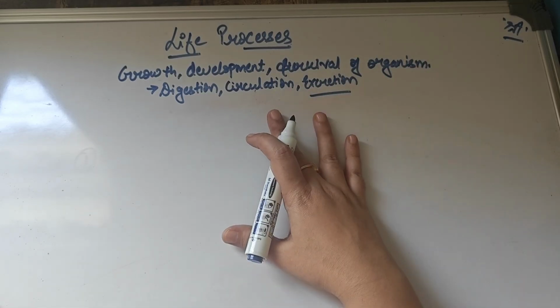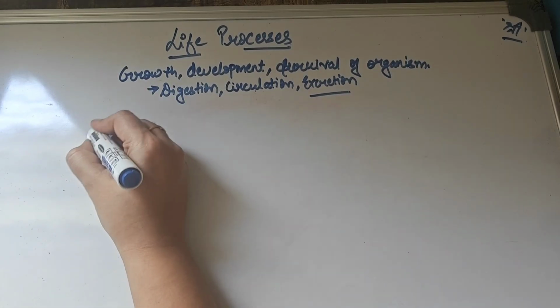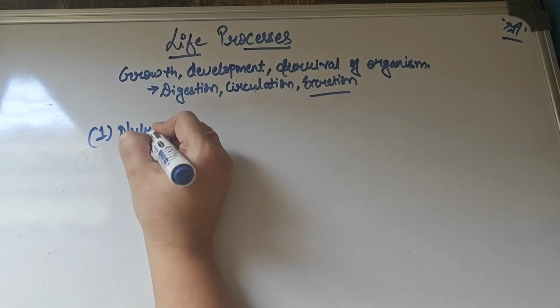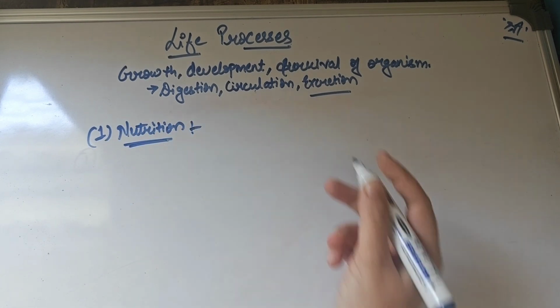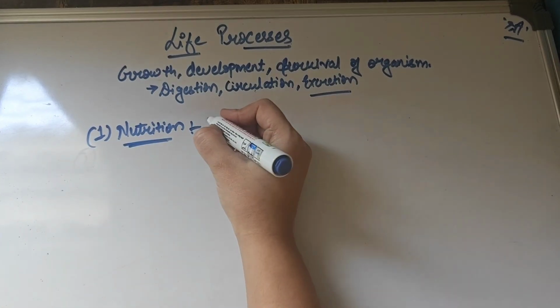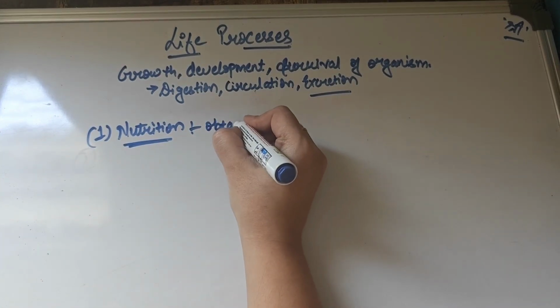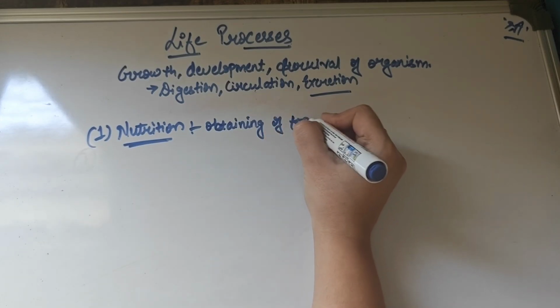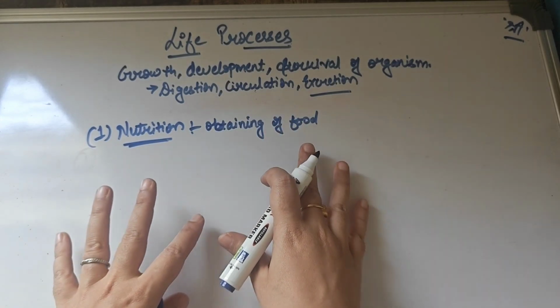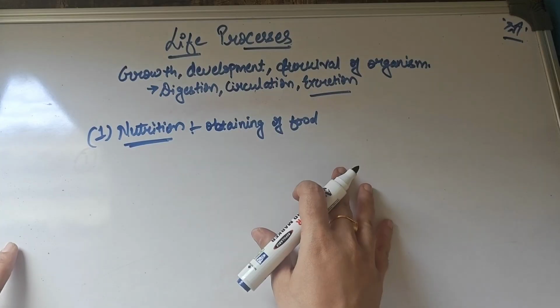Now in this chapter of life process, the very first topic that we need to cover and study is the concept of nutrition. What do you mean by nutrition mainly? Do you feel it is the process of obtaining the food? Do you feel that whatever food you are eating, that is what is nutrition? If this is what you are going to write in your exam, this is going to cut your marks. Why?